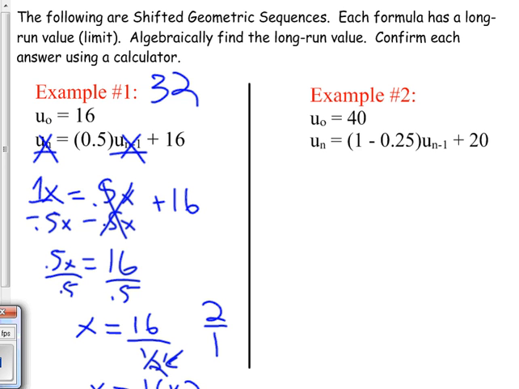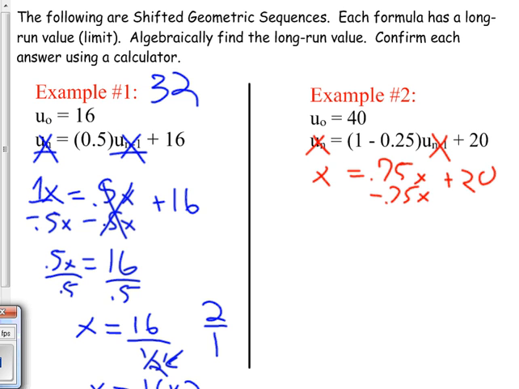All right, so now that you've had a second to look at that, it's pretty simple. We're just replacing the u of n minus 1 with an x, and then solving the equation algebraically. It's (1 minus 0.25), so 0.75x plus 20, and that's all equal to x.